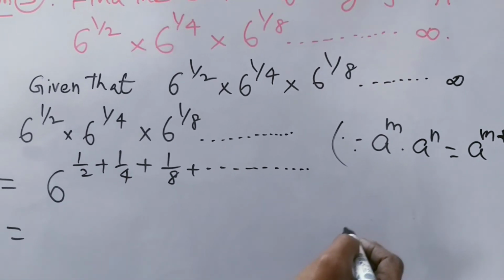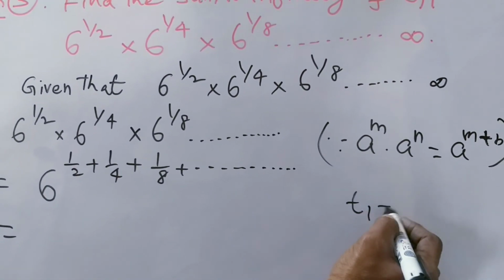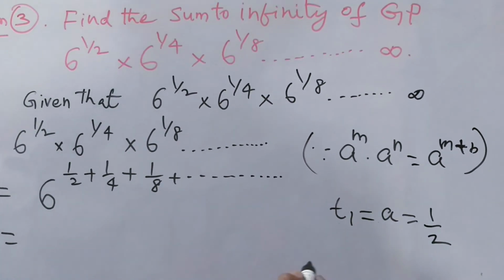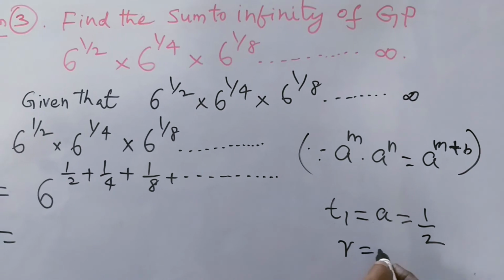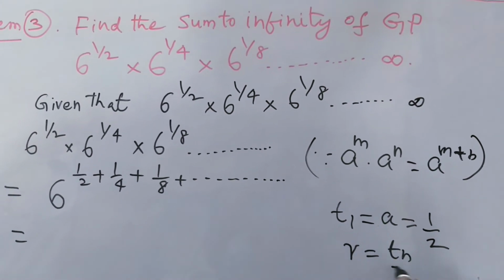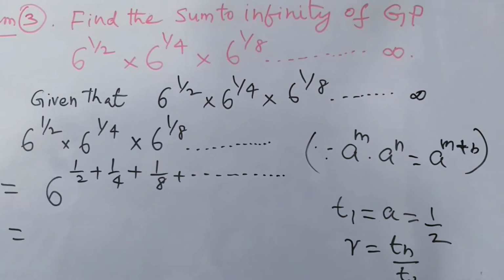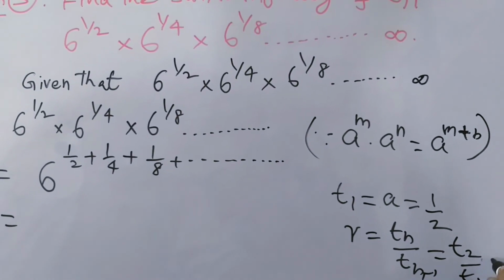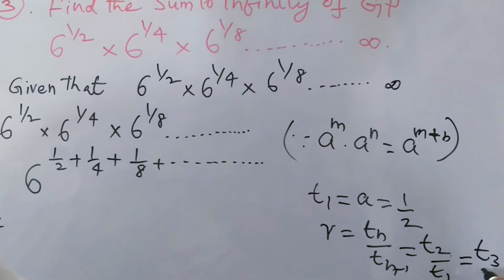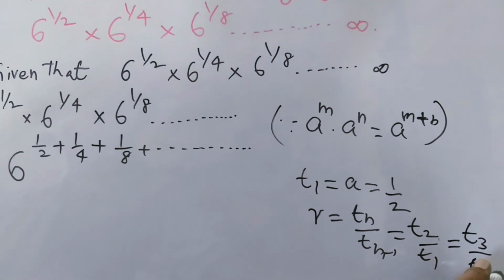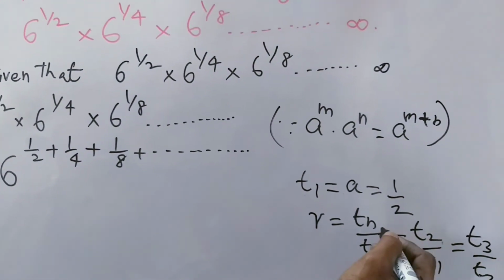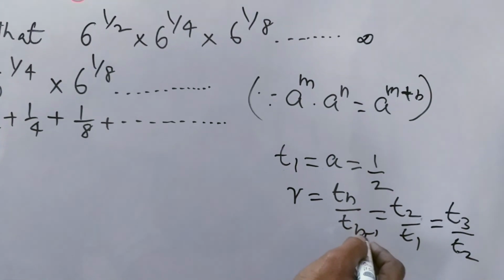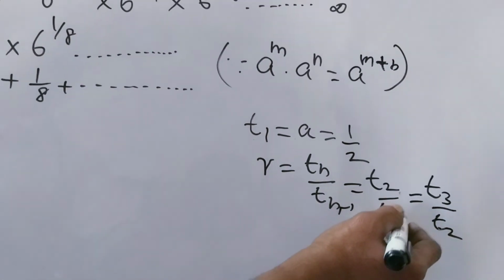So here the first term t1 is equal to a is equal to 1 by 2, and common ratio r is equal to tn by tn minus 1, that is equal to t2 by t1 is equal to t3 by t2. When we substitute n is equal to 2, it becomes t2. When you substitute in place of n minus 1, it becomes t1. Similarly t3 by t2.